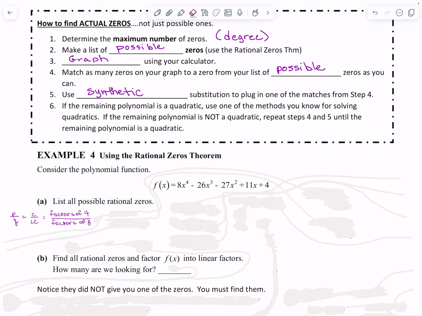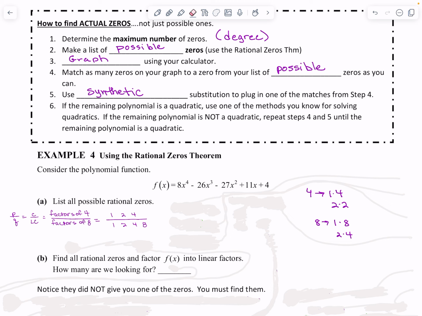So let's do that. Here's all my factors of 4. Notice factors of 4 will be 1 times 4 and 2 times 2. So my factors are going to be 1, 2, and 4. That goes on top, so the constant factors go on top. Then let's look at the leading coefficient. The coefficient is 8, so 1 times 8 and 2 times 4. So my factors are going to be 1, 2, 4, and 8.